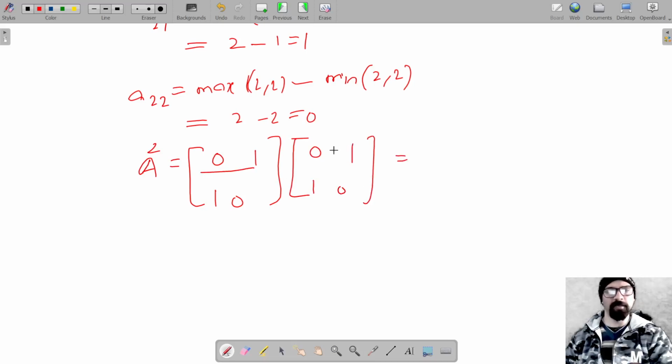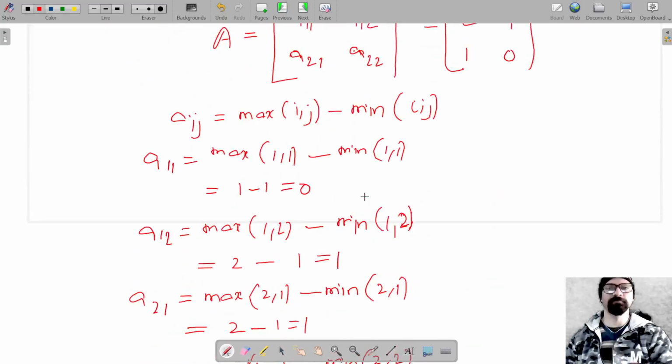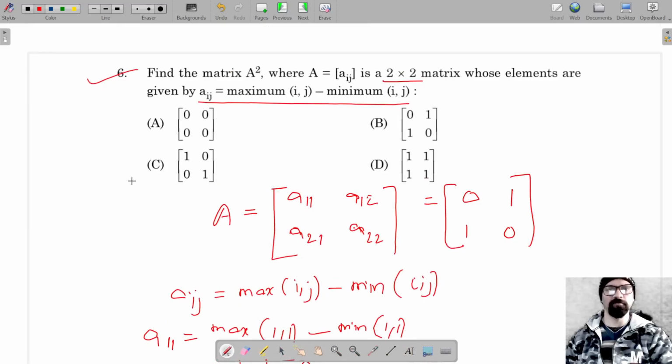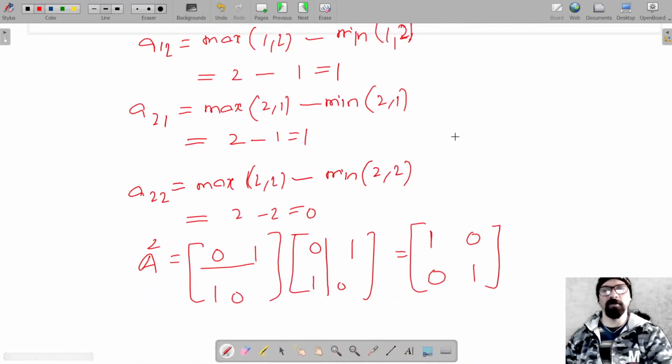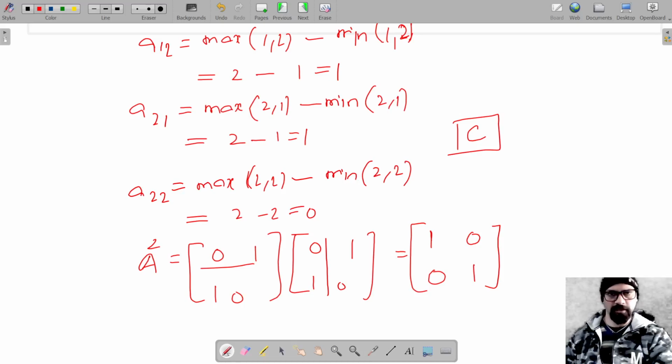Now multiplying this row with this column, 0 into 0 is 0, 1 into 1 is 1, so 1. Then 0 into 1 is 0, and 1 into 0 is 0. And 1 into 0 is 0, and 0 into 1 is 0. And 1 into 1 is 1. So A square is [1, 0; 0, 1]. That means we have got the option C. So C should be the correct answer for this one.